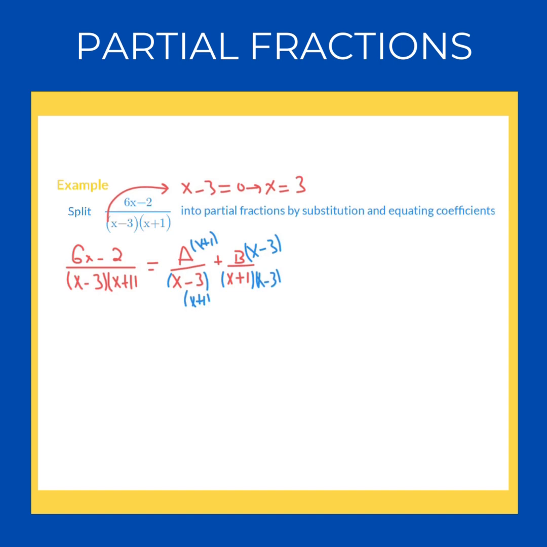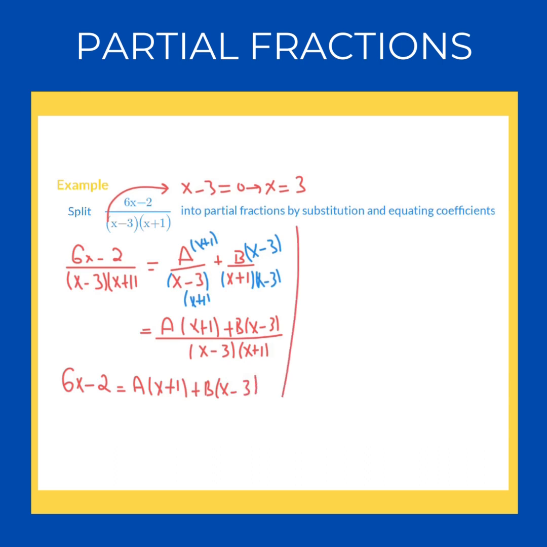So I will get a times x plus 1 plus b times x minus 3 over x minus 3 times x plus 1. Now I'm going to equate the numerators only. So I have 6x minus 2 is equal to a times x plus 1 plus b times x minus 3.